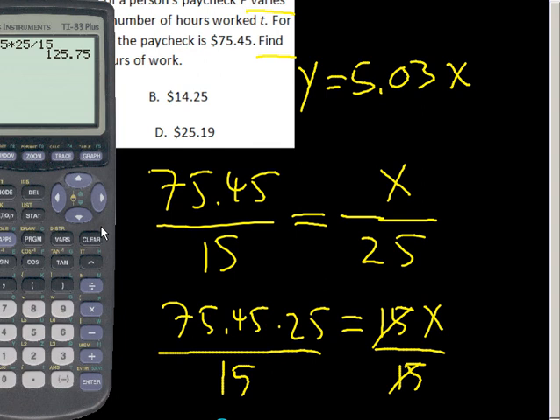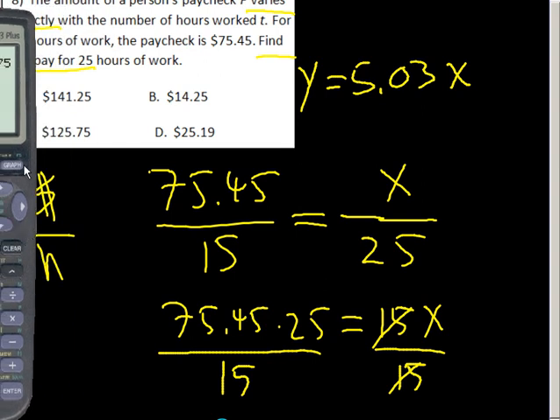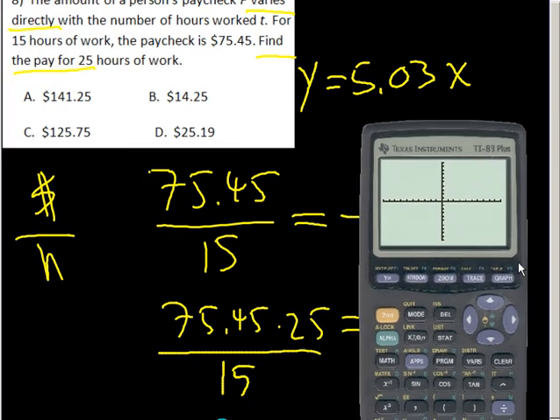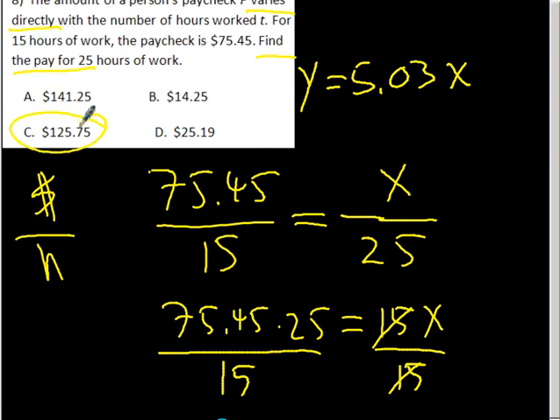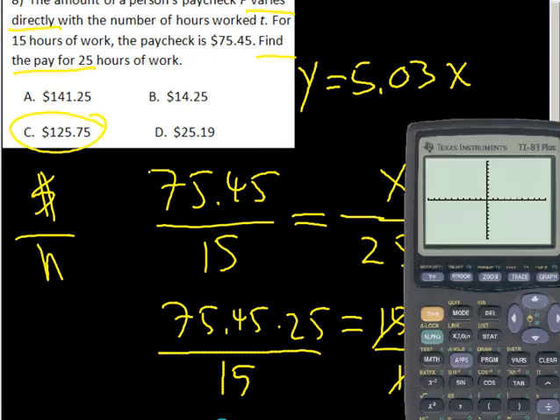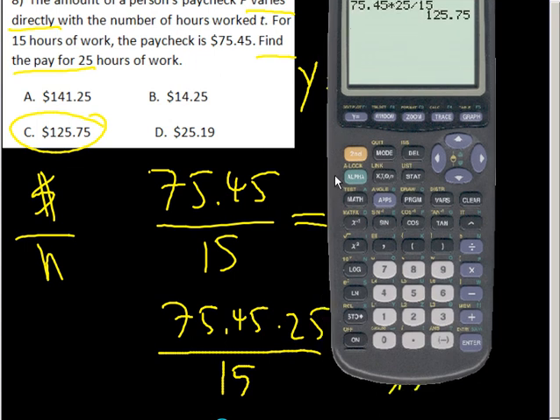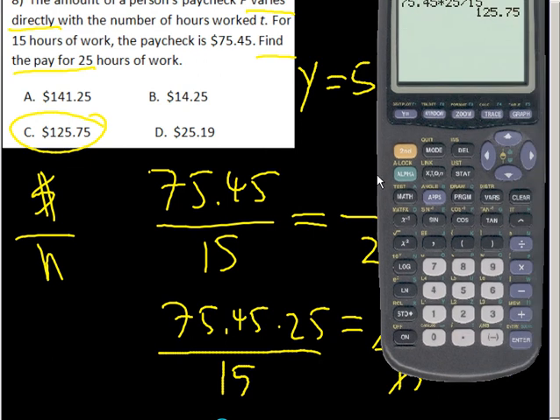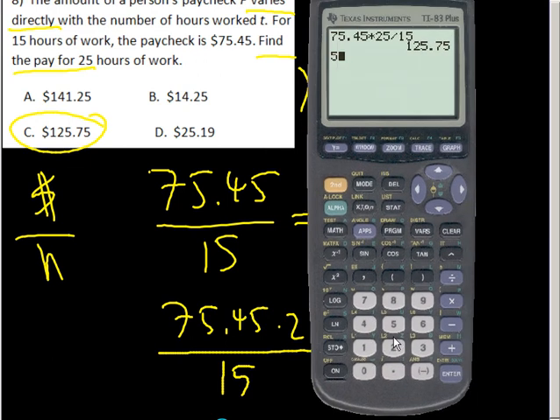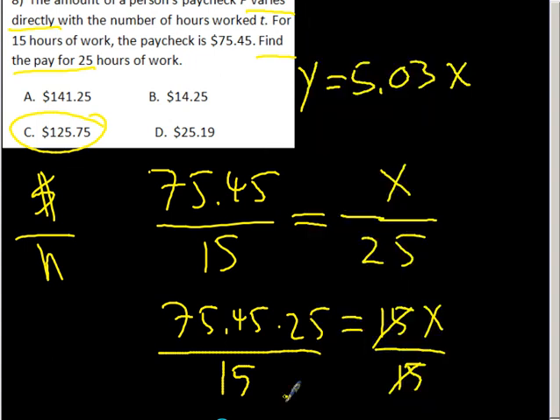So that's C. Correct. You can check my other way of doing it: 5.03 times 25 gives the same thing, so I guess I remembered correctly. And that's 8. 7, 8, 9.